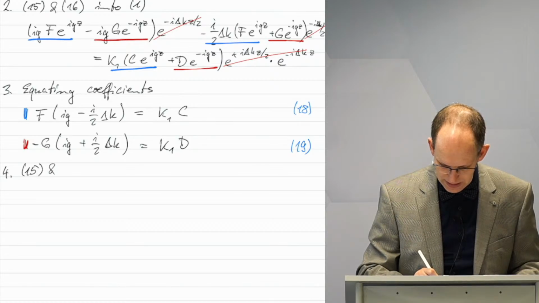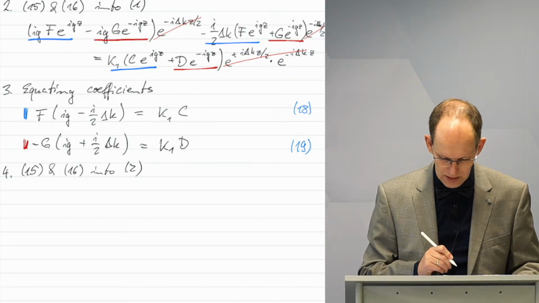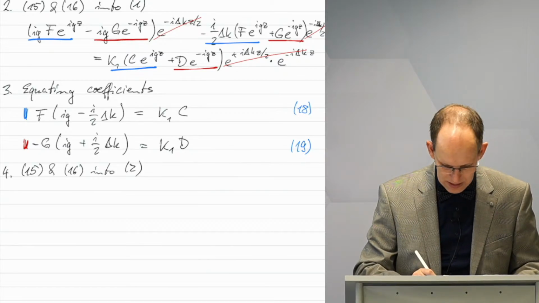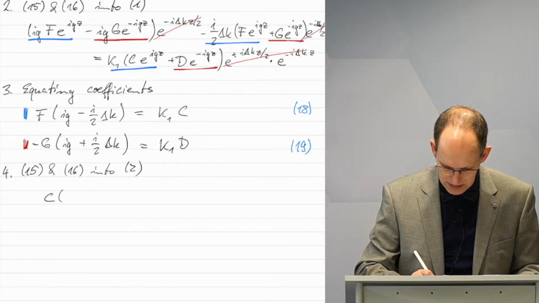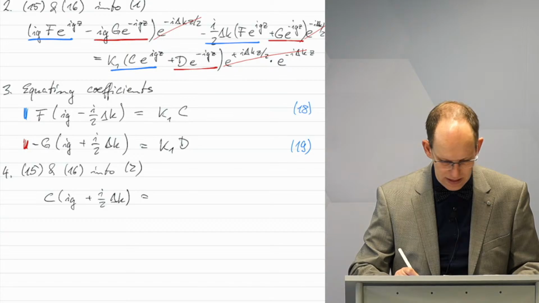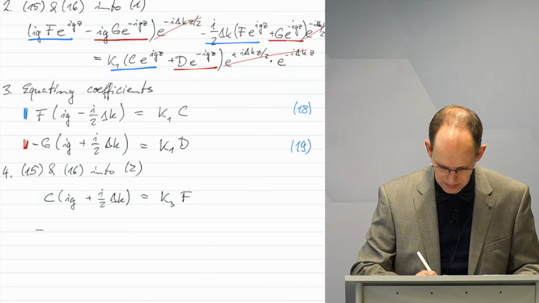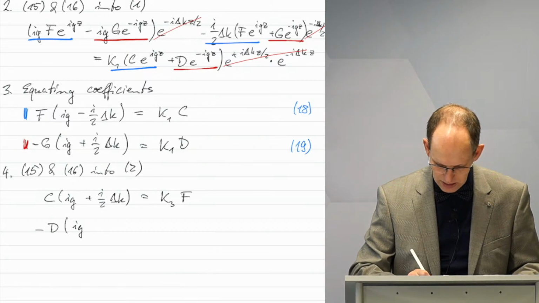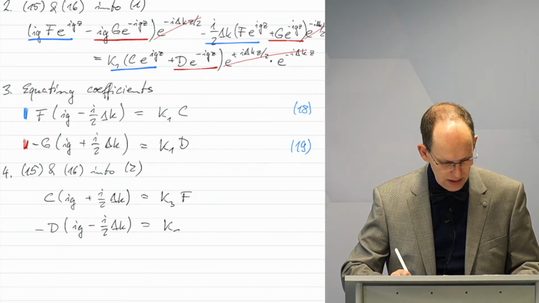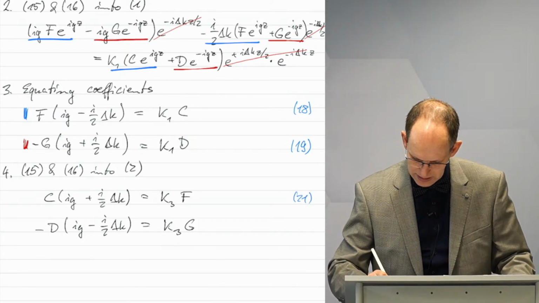Then the same steps, and we would get c times (ig plus i over 2 times delta k) is equal to k3 times f, and in addition minus d times (ig minus i over 2 delta k) is equal to k3 times g. That's equations 21 and 22.